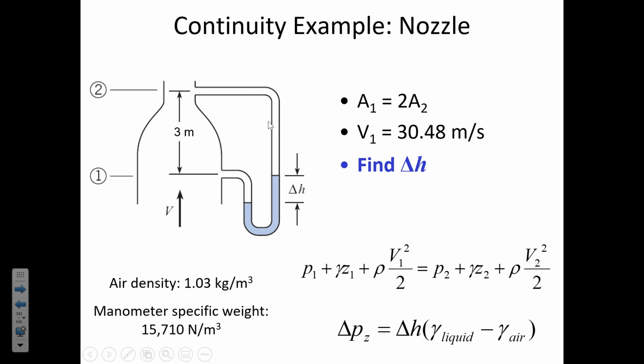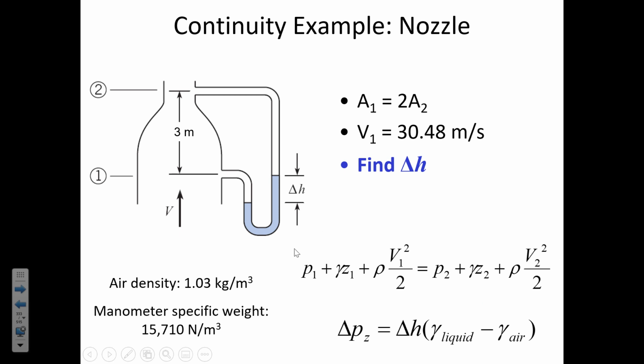In this case, though, it is a differential manometer, but it's not causing that stagnation effect. We want to find the height of the liquid rise in the differential manometer. And here is the Bernoulli equation.